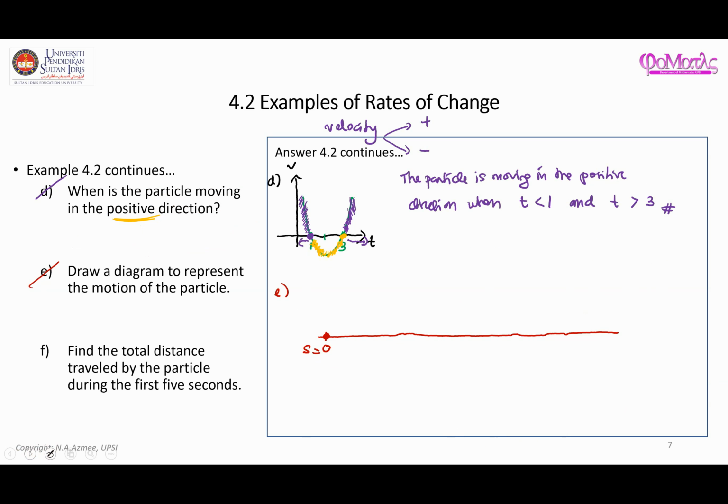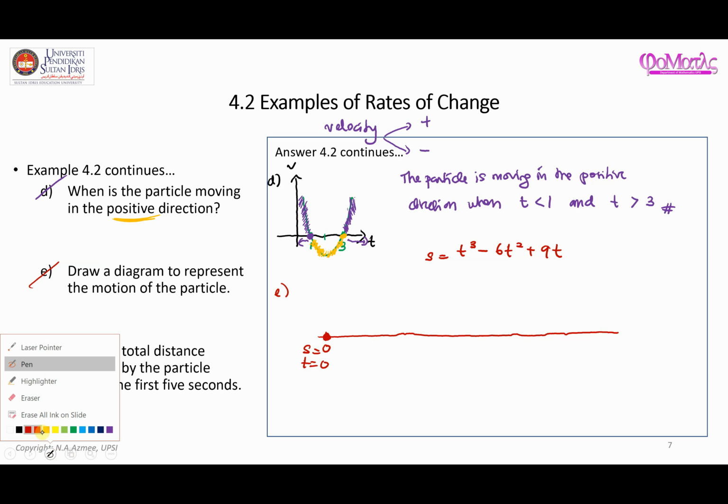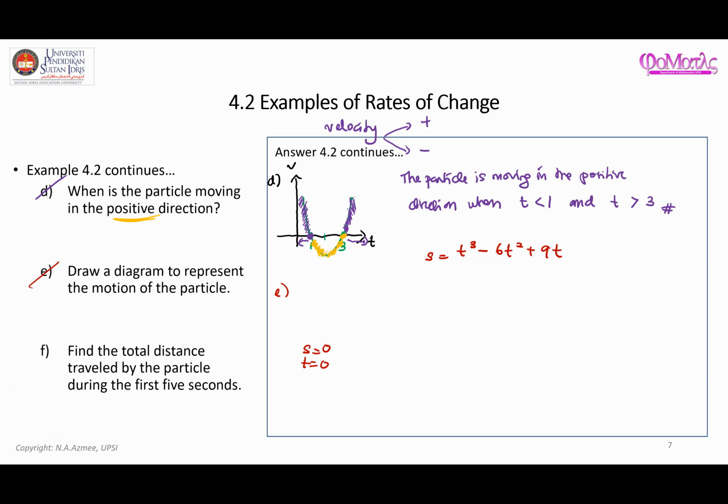Okay, all right, so I'm just going to write down this function here. s is equal to t cubed minus 6t squared plus 9t. So when t is 0, s is going to be equal to 0. So this is the position of the particle when the time is 0 seconds. Let me just do it once again.